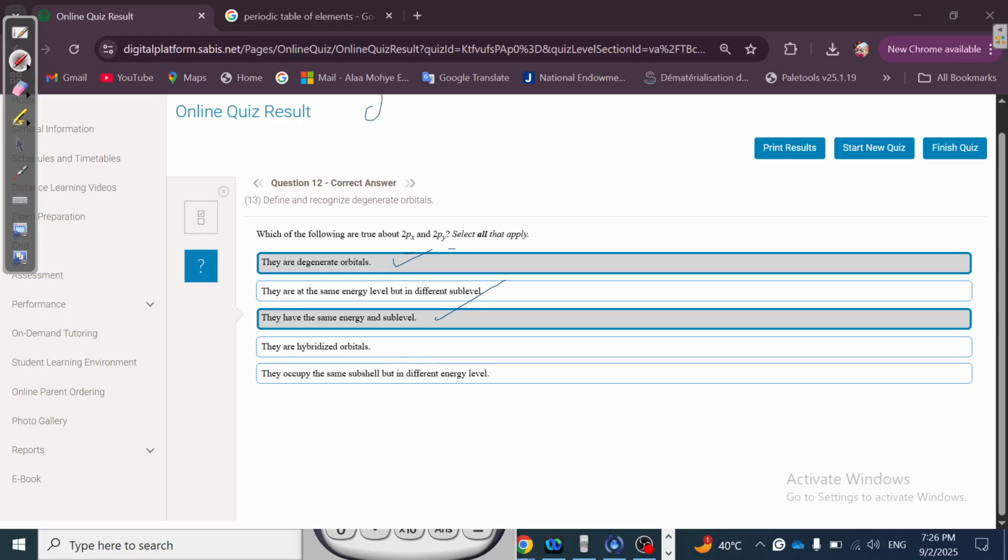So for it to be degenerate, it must have the same coefficient, which is the energy shell, and it must also be what? The same orbital.